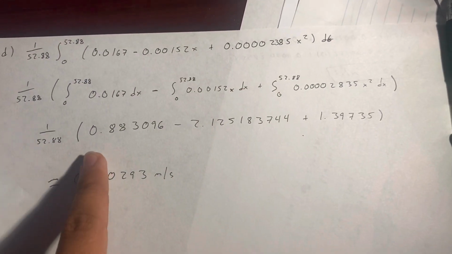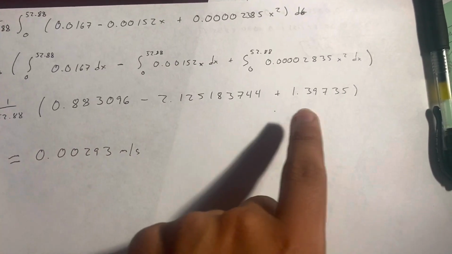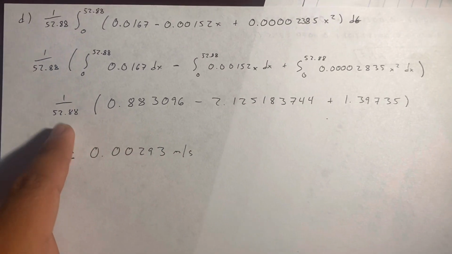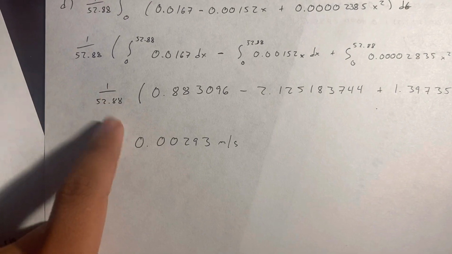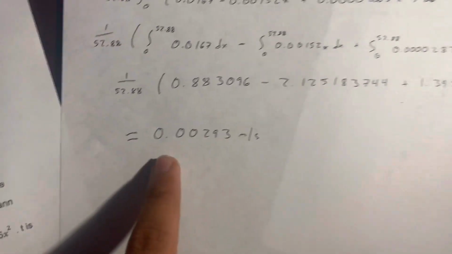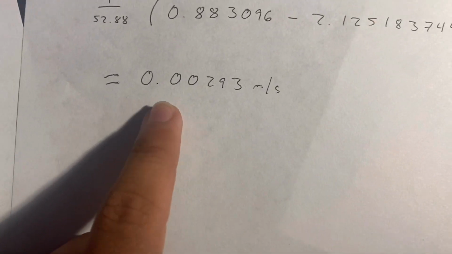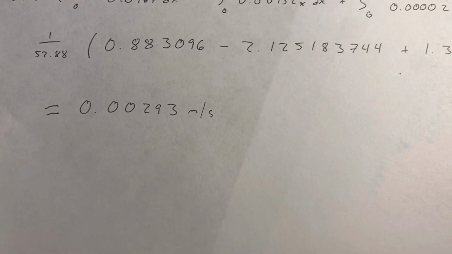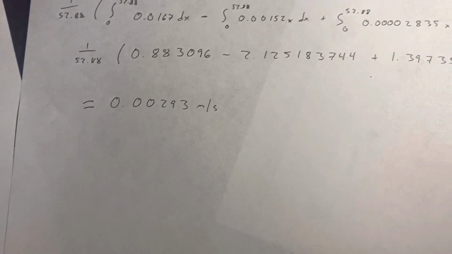And then when we simplify them, we get these 3 numbers right here. And then we simplify it even more. And then lastly, we multiply it by 1 over 52.88. And that'll give us our solution of 0.0029 meters per second squared. And that is Danny's average change in velocity.